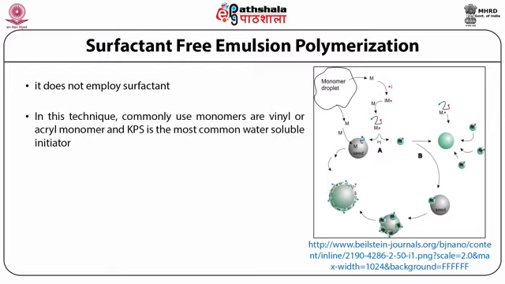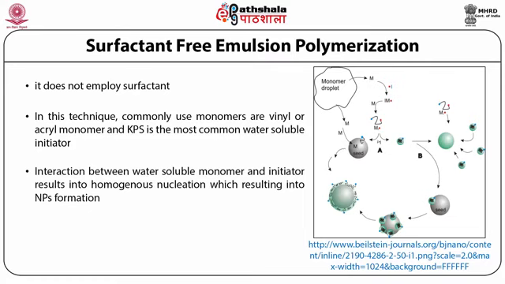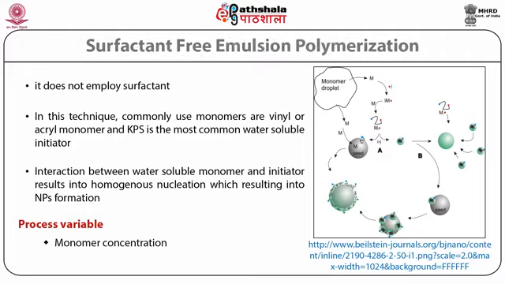In this technique, commonly used monomers are vinyl or acryl monomers and potassium persulfate is the most common water-soluble initiator. Interaction between the water-soluble monomer and initiator results in homogeneous nucleation, which results in the formation of nanoparticles.